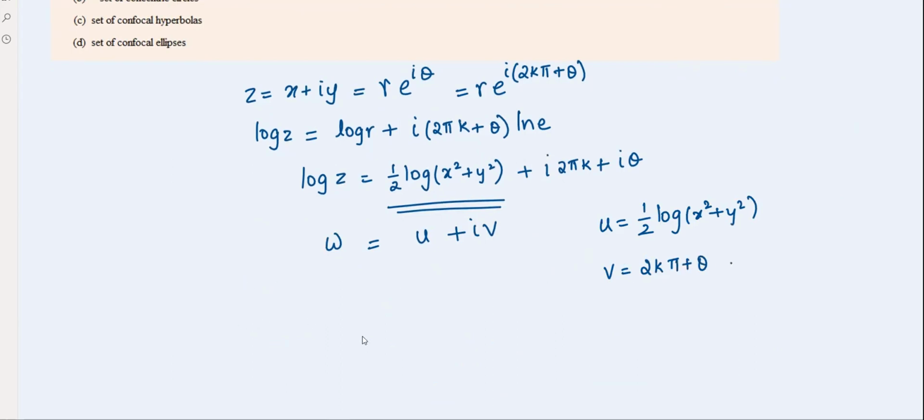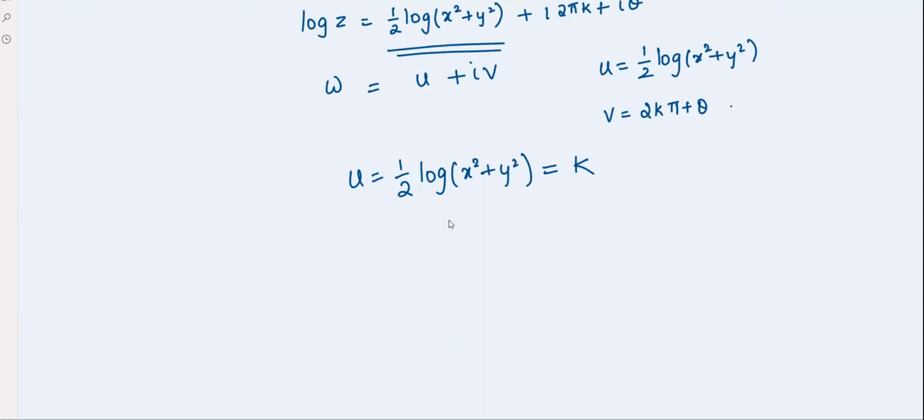Now, given that on w plane, u is a constant, let's say capital K. So we get x square plus y square is e power 2k. Now, as k changes, this also changes.